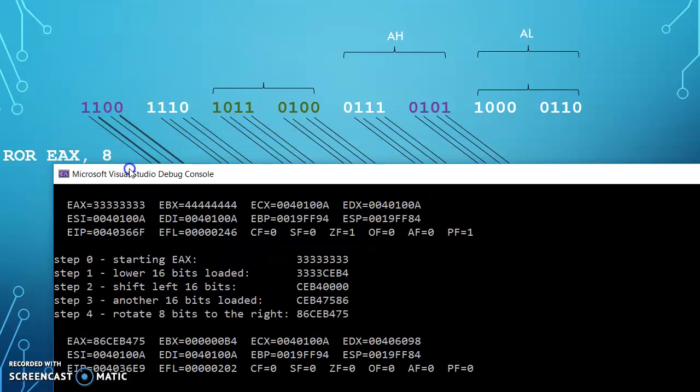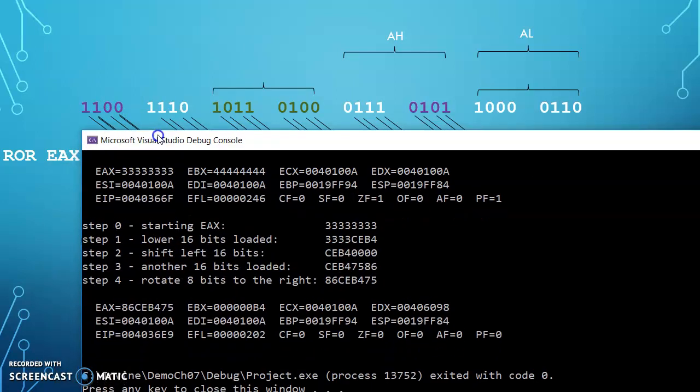Then when we did the rotate to the right, the rightmost 8 bits, 86, got rotated around to the left-hand side. These 8 bits came down here. These 8 bits that were here, the lower 8 of the upper 16, are now in the upper 8 of the lower 16, which is addressable as AH.